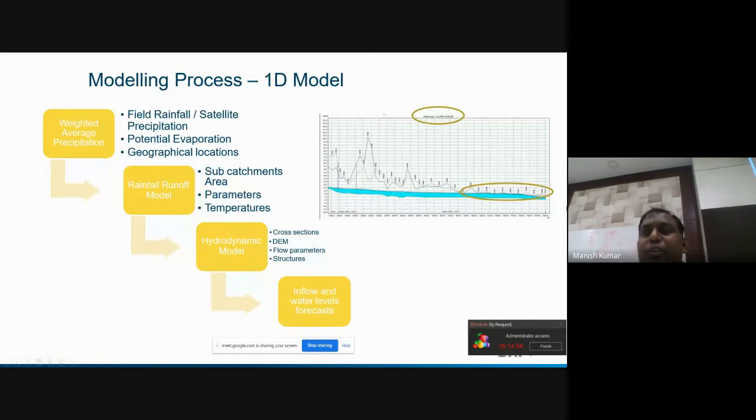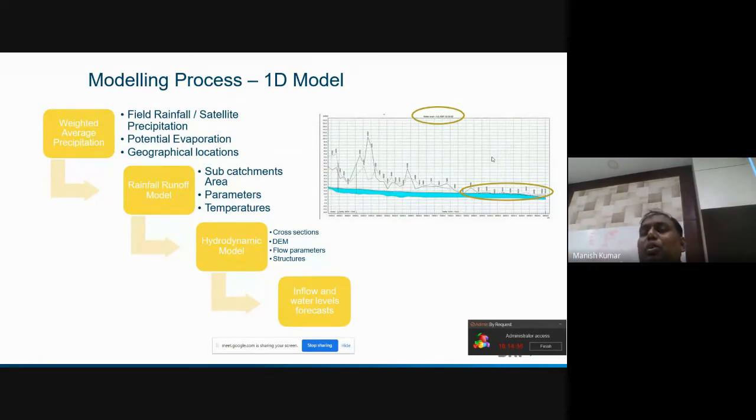Then when you see this inflow and water level at different sections or along a river in L section or in cross section, you know at what cross section water level is going above the levee point, meaning above the cross section boundary.